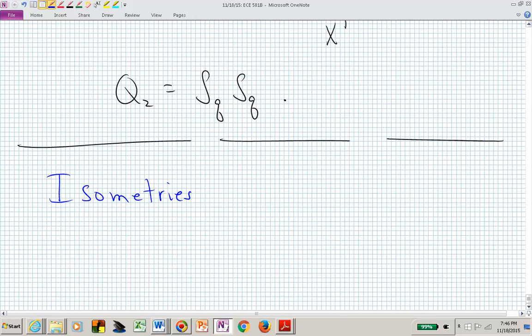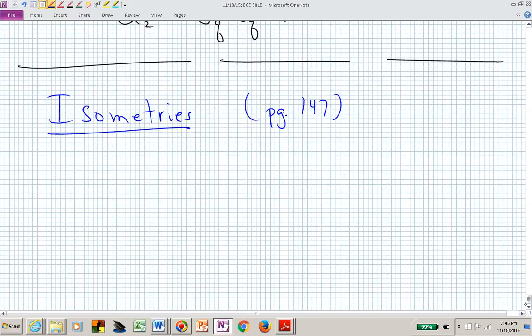Now let's look at isometries, which in the second edition is coming to us on page 147. Let's define this like we've defined positive matrices or positive operators.